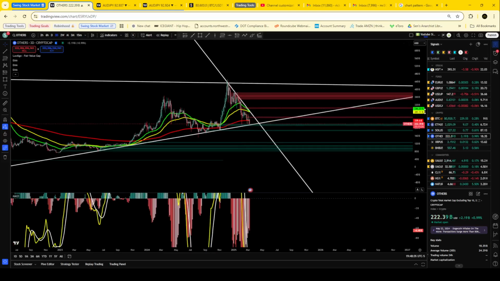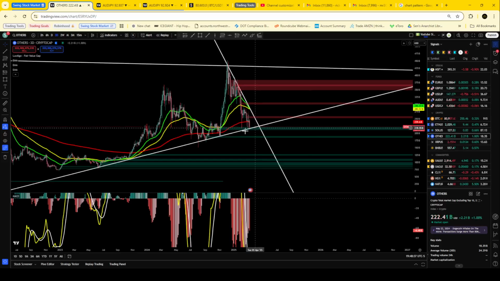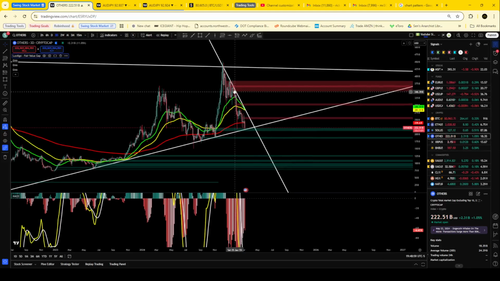When this is doing well, or whatever this is doing, it reflects on Sui, Pepe, Sheep, Cardano, BNB, stuff like that.